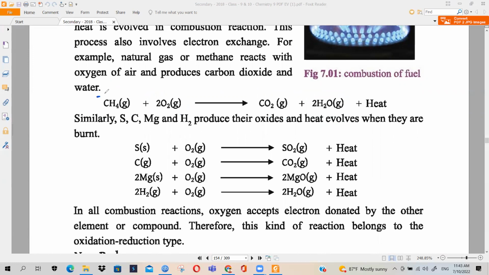Say this is -4, and this is +1, and this is 0. Now this is -2, and this is +4. Just a second, let me see. Methane is -4, +1.